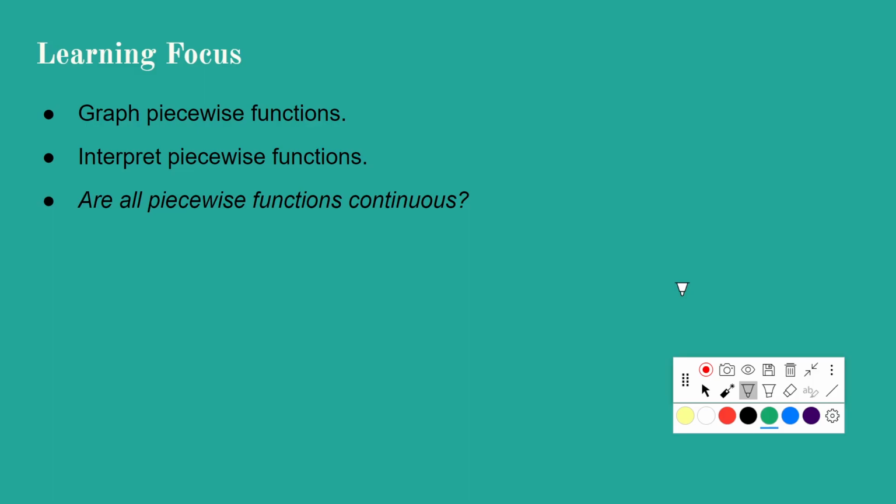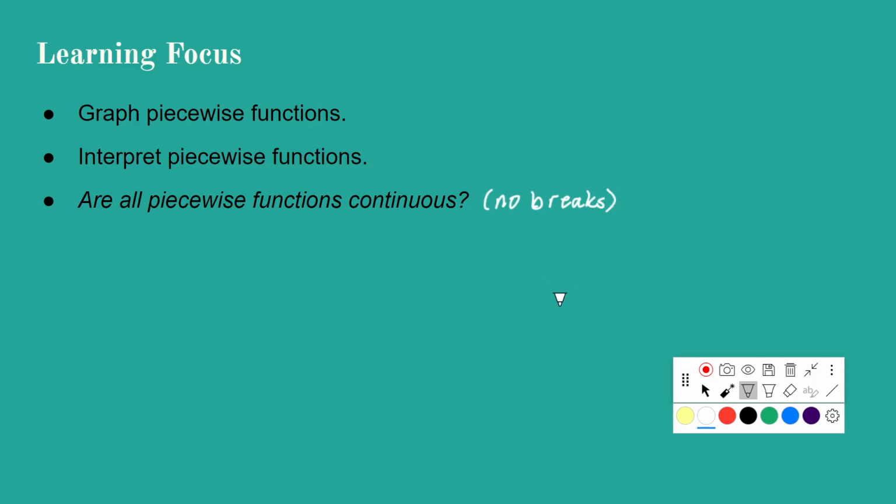For this particular lesson, our learning focus is to graph piecewise functions, interpret piecewise functions, and determine if all piecewise functions are continuous. Now, when we say continuous, there are no breaks. Everything is connected.